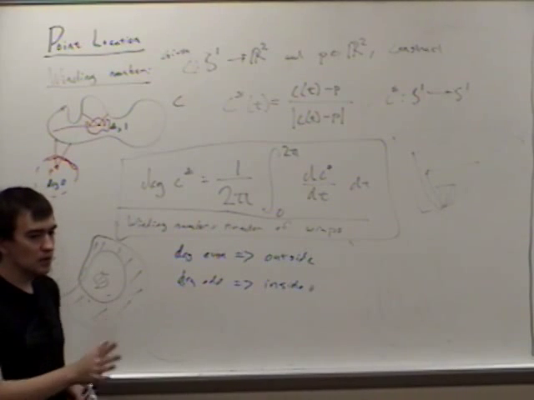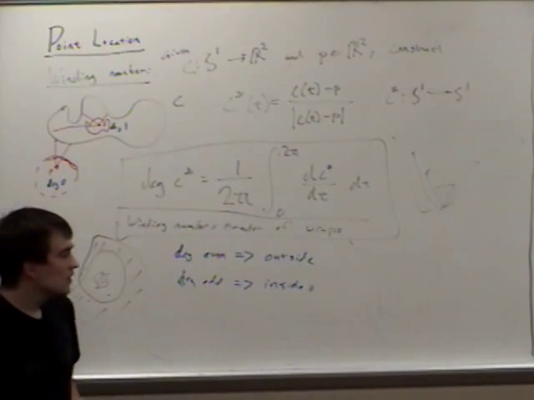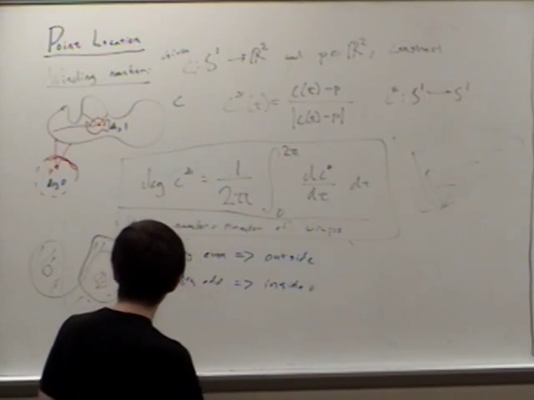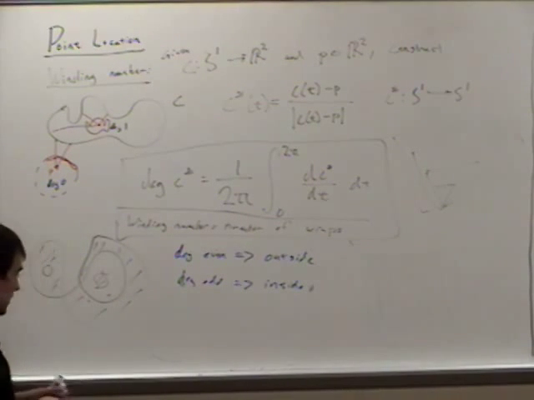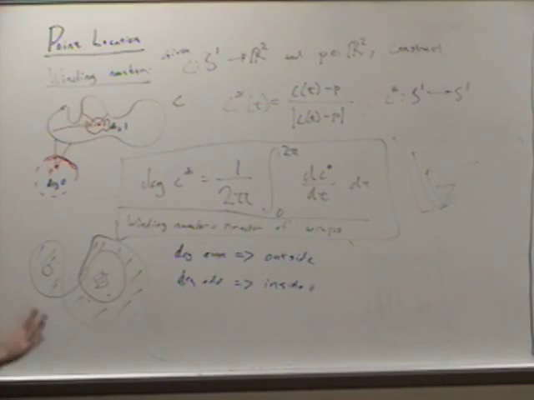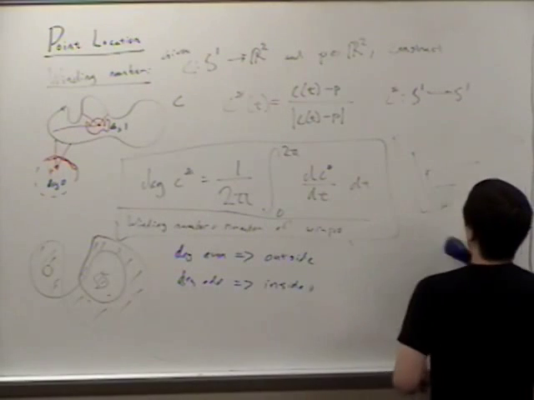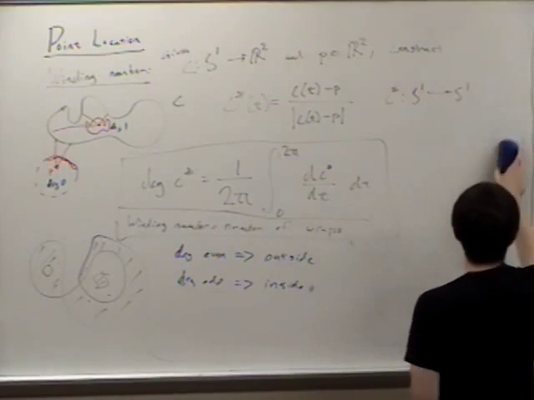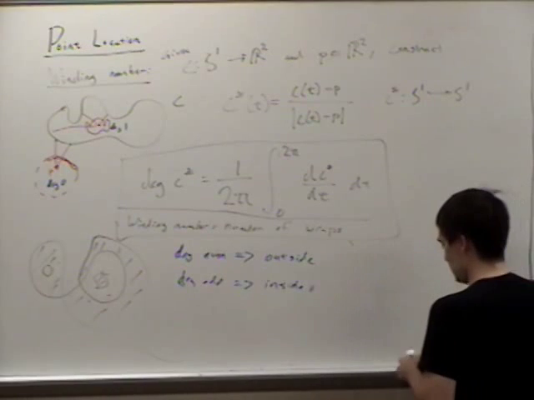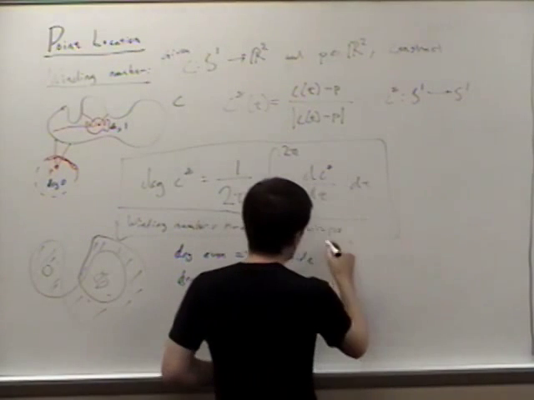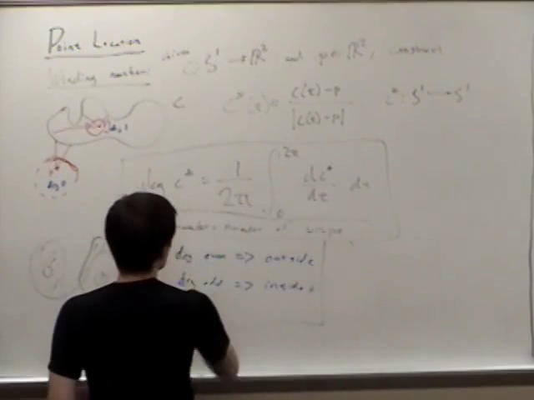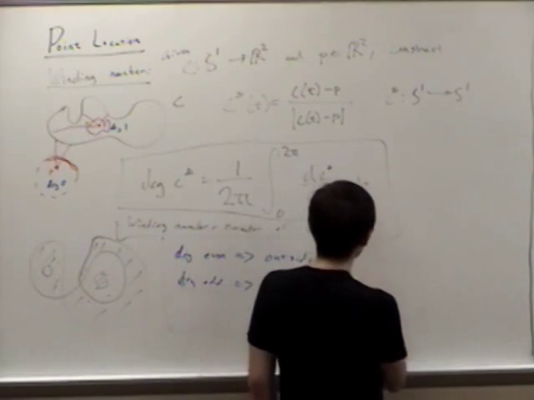So we need some other more general type of algorithm. One way to do this is to reverse engineer what the winding number is actually doing here. So I'm going to draw another picture. Drawing a lot of weird pictures today. That's okay.